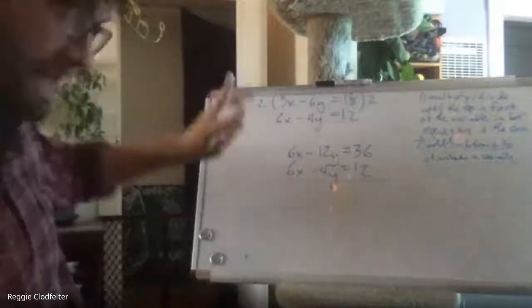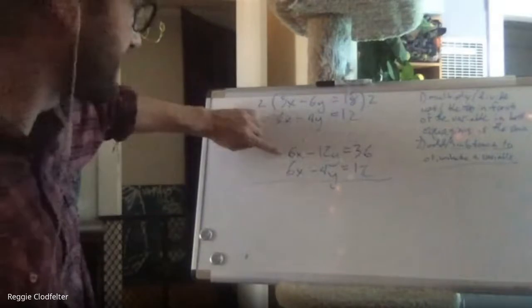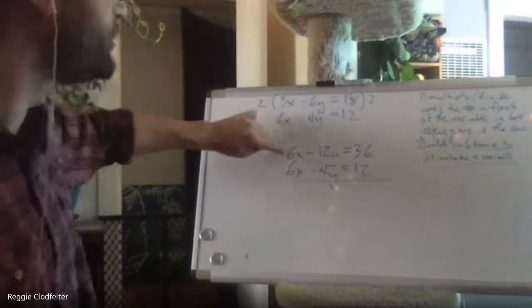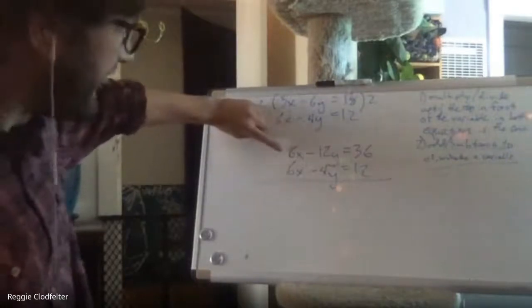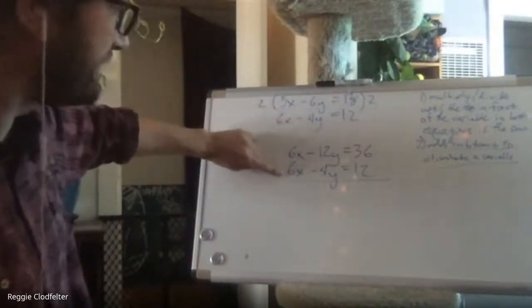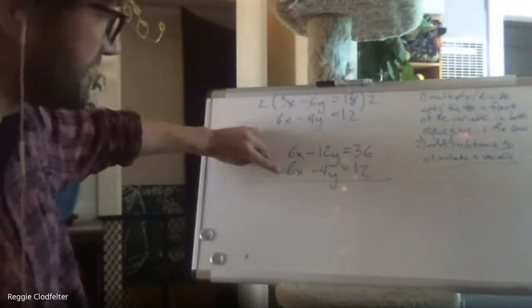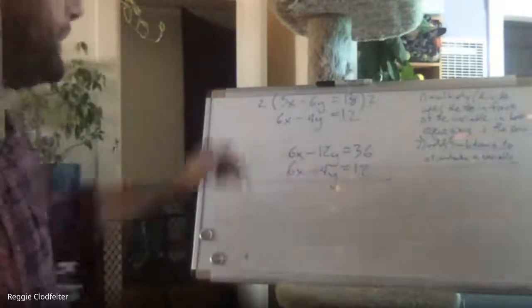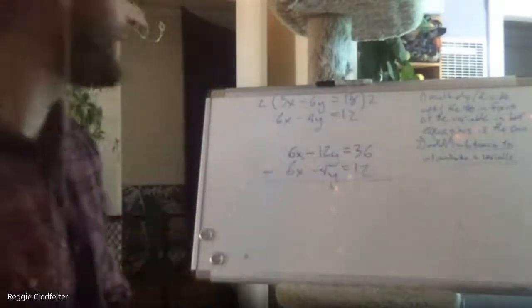And the way you can tell is anytime the number in front of the variable is the same, in this case it's 6 in both, you subtract, because 6x minus 6x is 0. If one is positive and one is negative, a 6x and a negative 6x, you can add them, because 6x plus negative 6x is 0. So my goal is just to eliminate one. So I'm going to subtract them here.